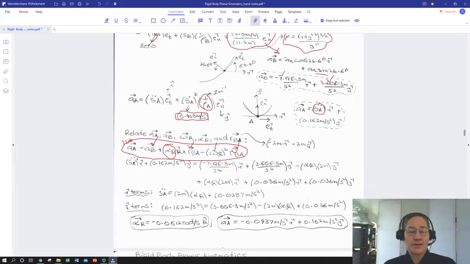So all we have to do is input everything we know. So here's our acceleration of point A in i hat j hat with our one unknown here, and here's our acceleration of B term. Here's our alpha.